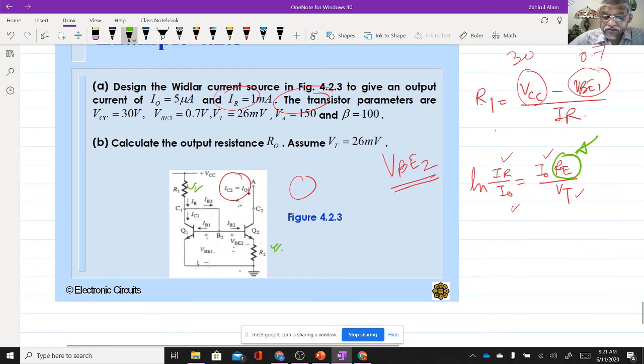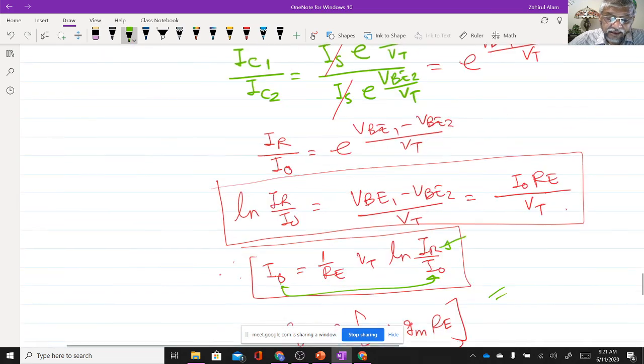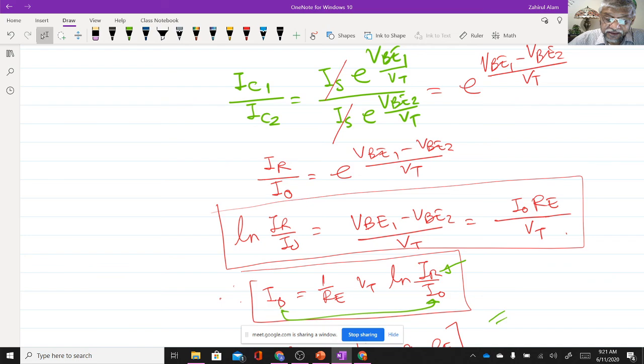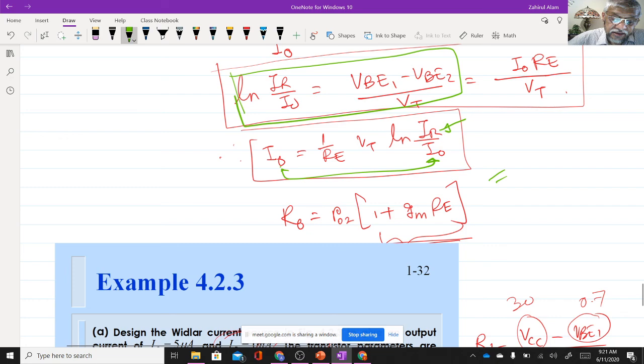So now how to find RE? Then we need to go back to our equation. So now we know another relation.